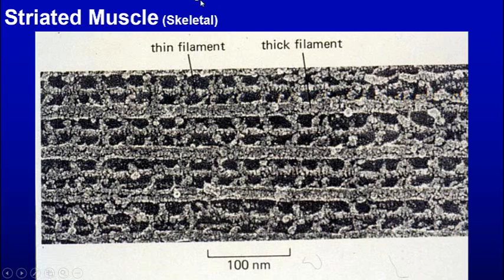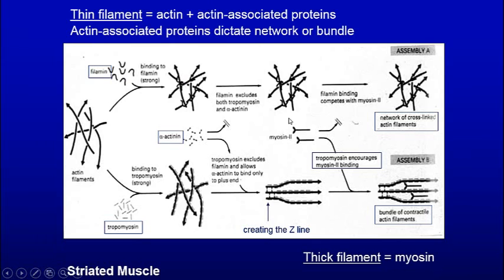So if we look at the filaments, we have thin filaments, which is actin, and the thick filaments with their heads connecting sites there, that would be the myosin. Now, the thin filament, actin, is associated with proteins. When it's associated with proteins, then it causes actin to do things. If it's associated with filamin, it makes a gel.